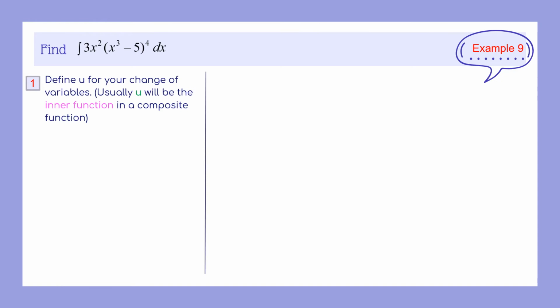So jadi kita try dulu pilih u yang dalam bracket. So u equals x^3 minus 5. Then we need to differentiate to see if the component is in the integration, so then we can do substitution.